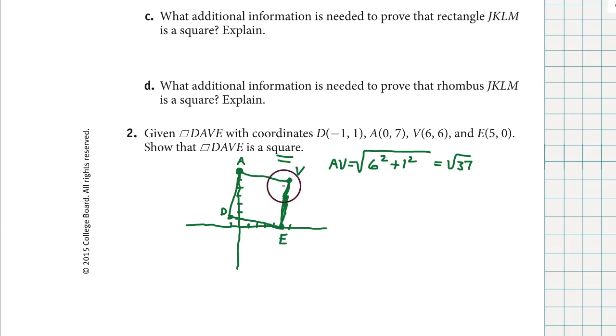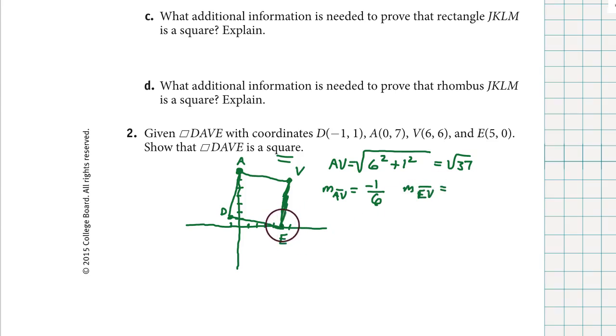To determine if the angles are 90 degrees, let's find slopes. The slope of AV can be found with the slope formula. The vertical change from A to V is that it goes down 1 unit. The horizontal change from A across to V is that you go over 6 units, so -1/6. Then find the slope of one of the sides that joins that, like EV.